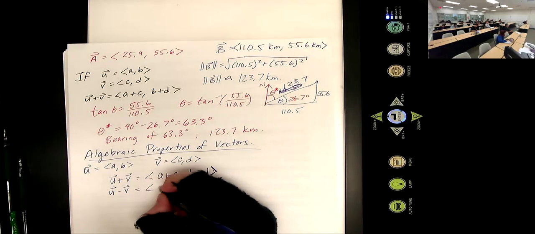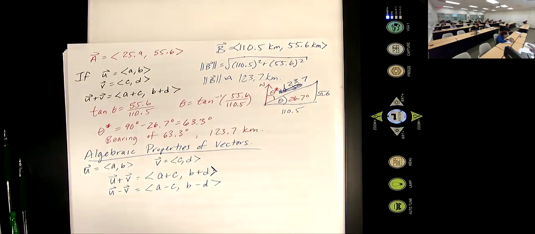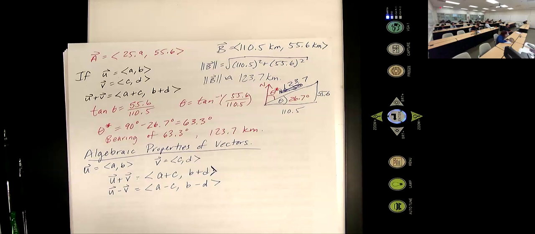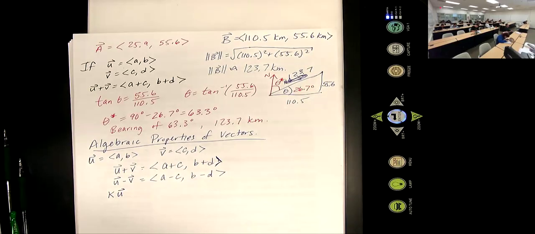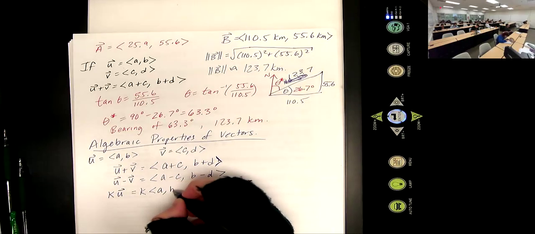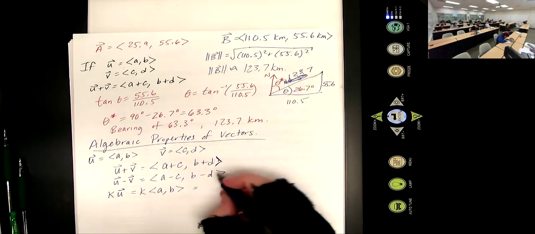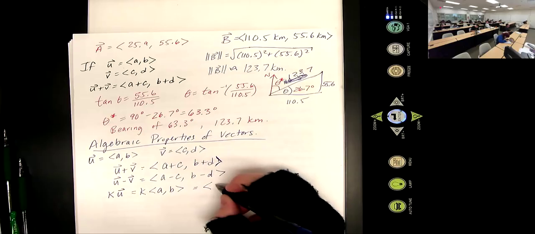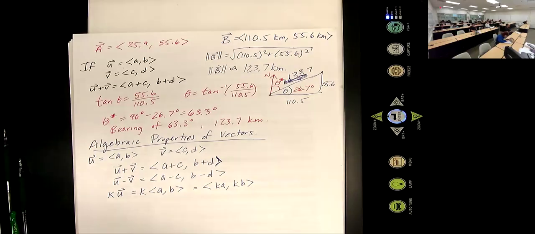You're going to subtract the x components. If I multiply u by some constant k, that's k times a comma b. What this ends up doing is it becomes ka and kb, and multiplies each of them. You're basically scaling up the triangle.